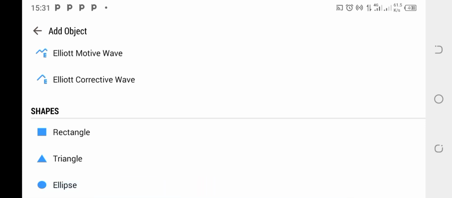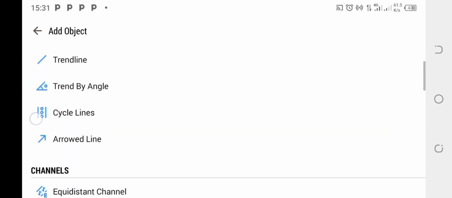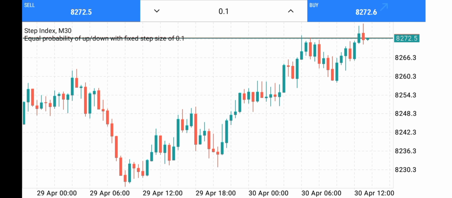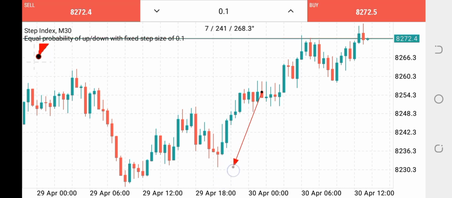Maybe I can just use this arrow. So if you can see, on 29 April at roughly around 6 p.m. this is where the rate was.